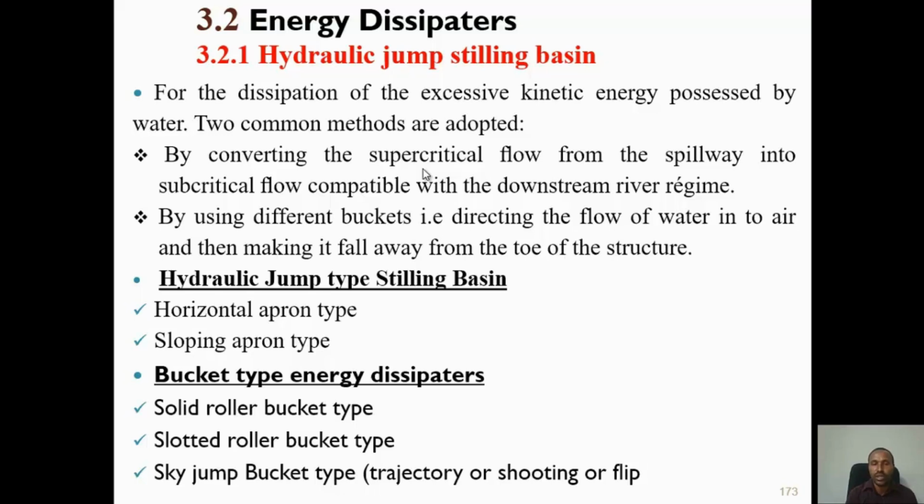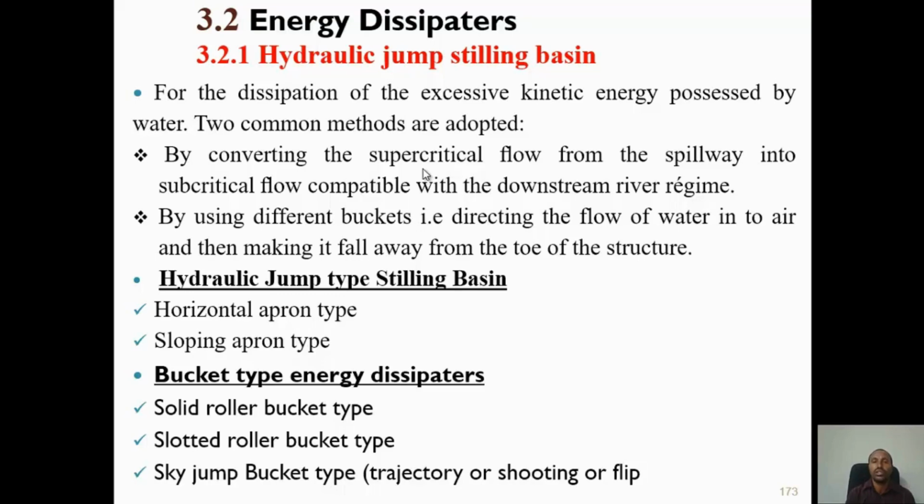The second one is using different buckets. If you provide a bucket, as you have seen in the previous slides, it will dissipate the energy rather than hitting the downstream river region, which is the erosion danger. You can provide different buckets, directing the flow of water into the air.